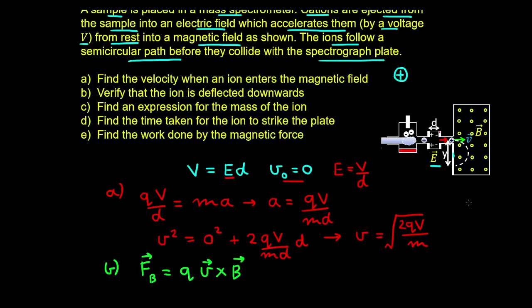So here we have the velocity to the right and the magnetic field vectors pointing out of the screen. So the cross product between v and B is going to result in a magnetic force vector pointing downwards. So therefore this force is going to act as a centripetal force that deflects that ion along a circular path downwards.